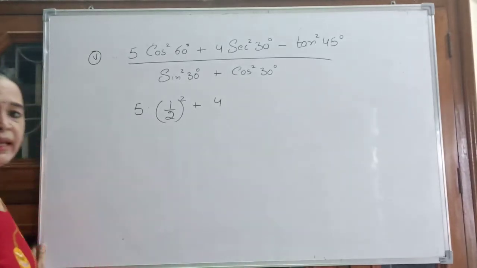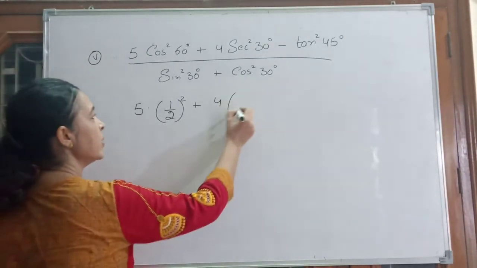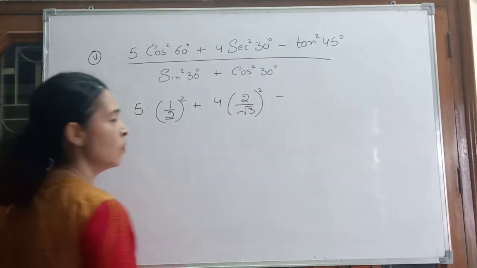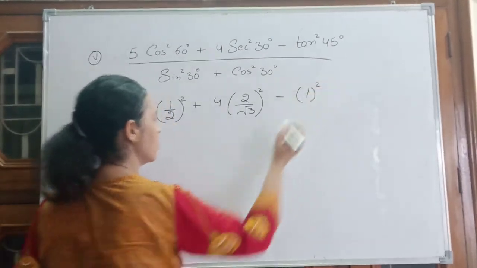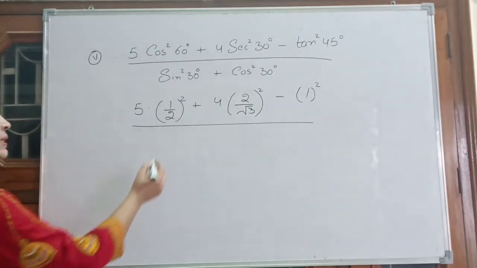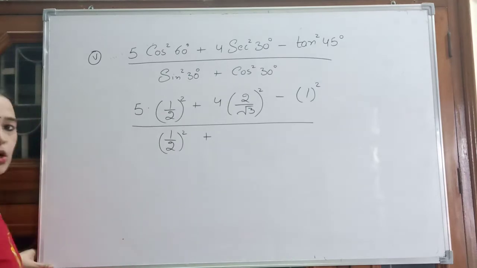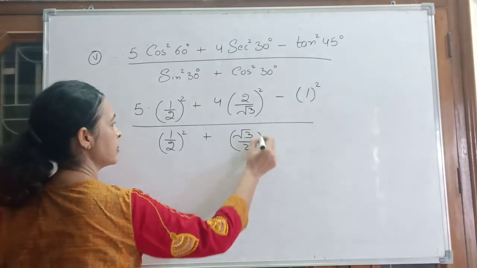What is sec 30? Cos 30 is root 3 by 2. Sec 30 is 2 by root 3 whole square minus what is tan 45? 1. Tan square 45, 1 square upon sin square 30 degree. What is sin 30? 1 by 2 whole square plus cos 30 root 3 by 2 whole square.